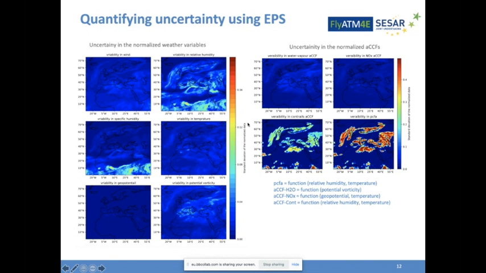But this is amplified when we use it to calculate algorithmic climate change functions. Here, if we look at the contrast and the range of the color bar, we can understand we can have maximally up to 50% deviation around mean values, which is relatively high and can affect the trajectory. So this range for uncertainty has to be considered in the flight planning.